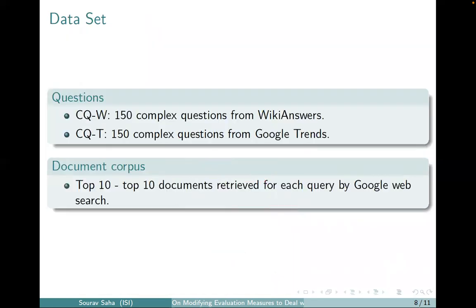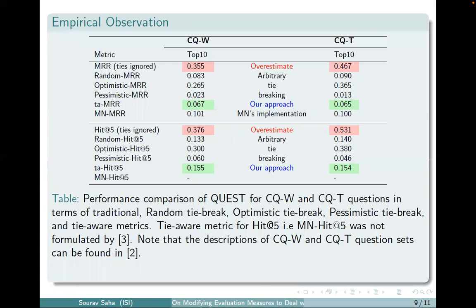Now we did some empirical observations. We used the datasets from the WebQA question answering dataset, published by Liu et al. at SIGIR 2019. There they used two datasets, CQW and CQT, with 150 complex questions each, and the top 20 documents retrieved for each query by Google Web Search. Here is the empirical observation.